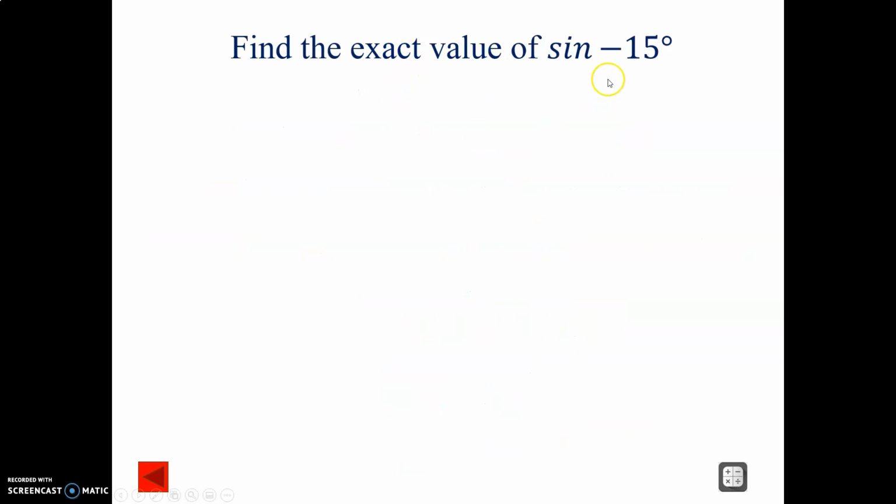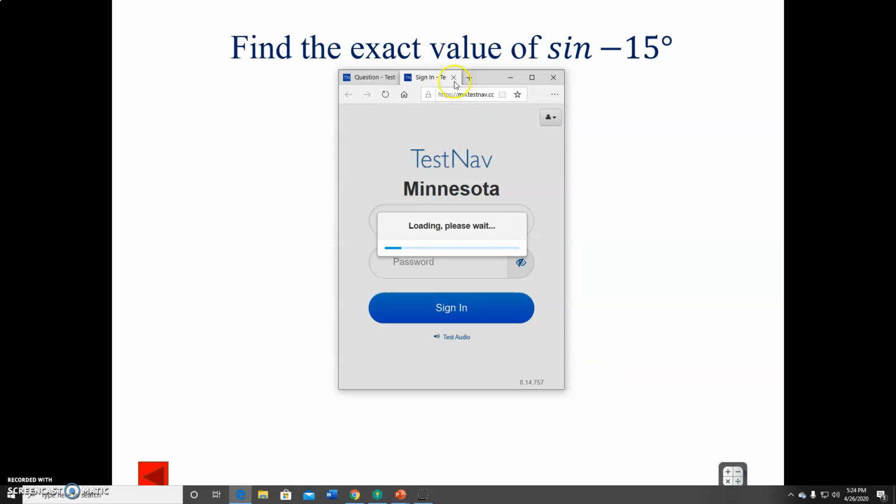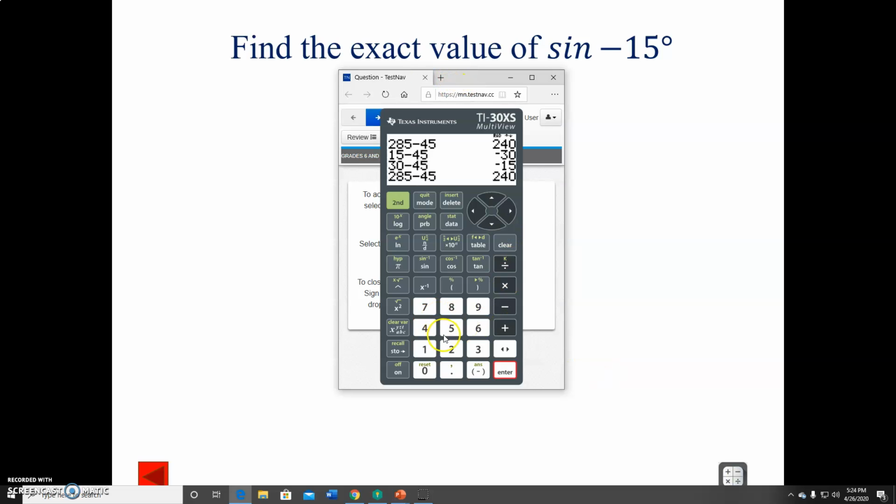Find the exact value of sine negative 15. Again, I can go to my calculator and use 45. So if I just did, say, negative 15 plus 45, let's see, there's 30. So recognize 45 and 30, the difference is 15.